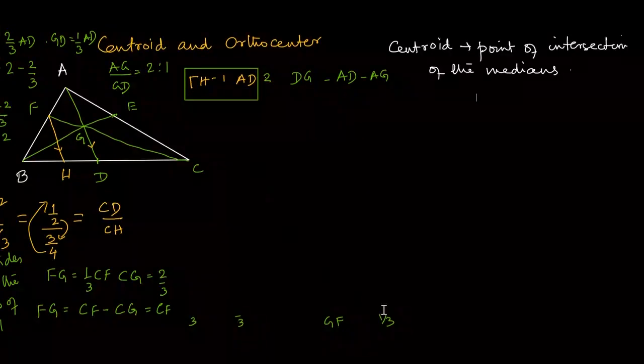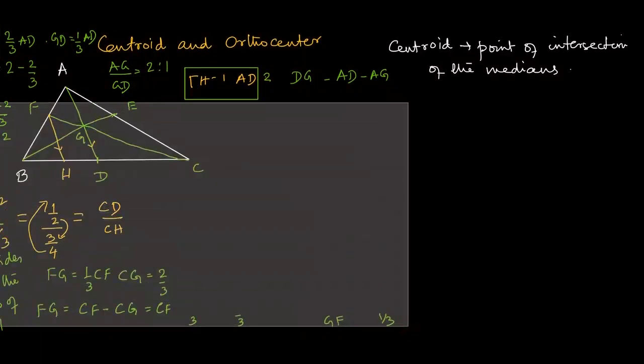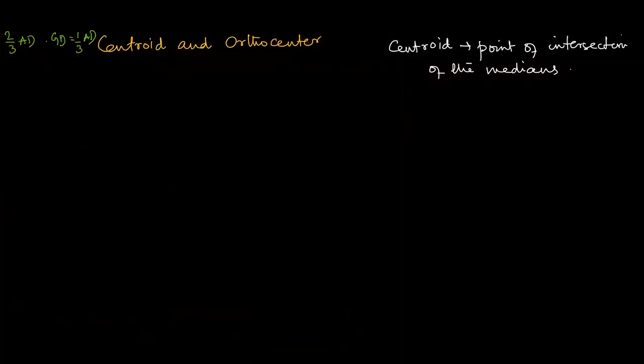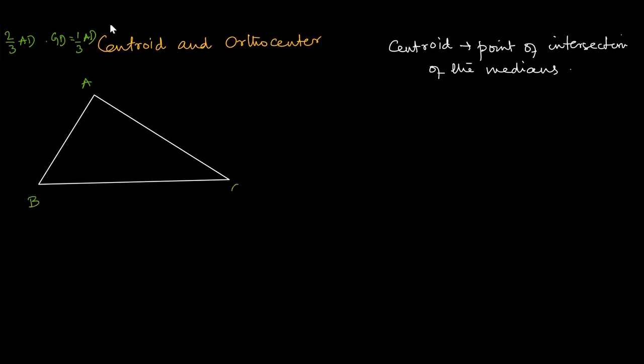There are a couple of more things that are important from a centroid and median perspective, which is what we'll see now. So we have the triangle ABC and we have a median AD.